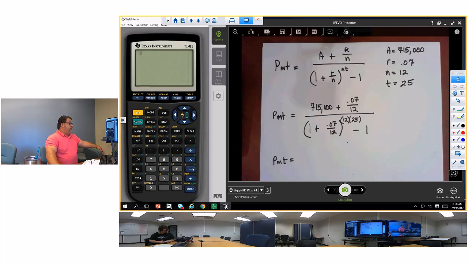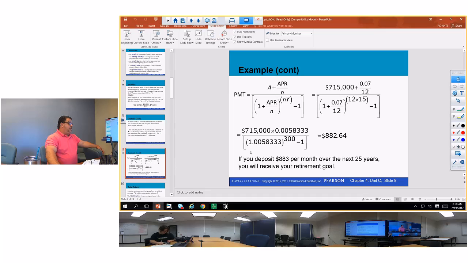Now, 0.07 divided by 12 equals, plus 1. All right, somebody write that down. 1.0058333333. Now let's pull the PowerPoint back up. Is that not what they got right there? Yep.